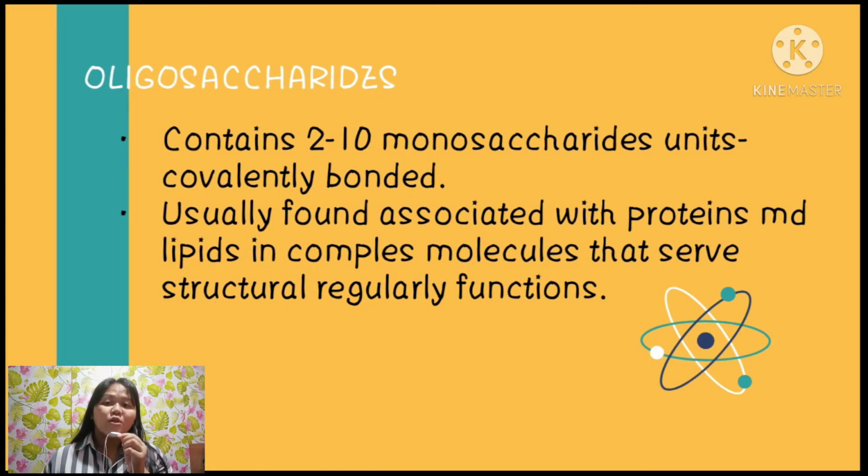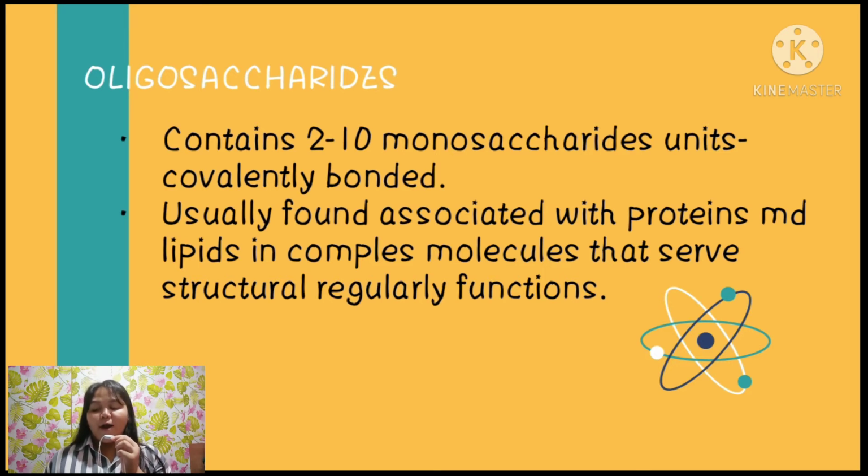Oligosaccharides contain 2 to 10 monosaccharide units, also covalently bonded. They are usually found associated with proteins and lipids in complex molecules that serve structural and regulatory functions. So that's three out of five types of carbohydrates.